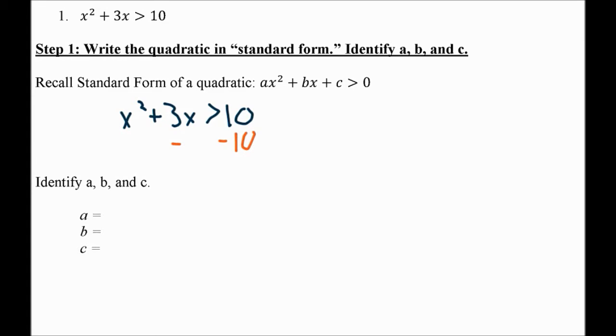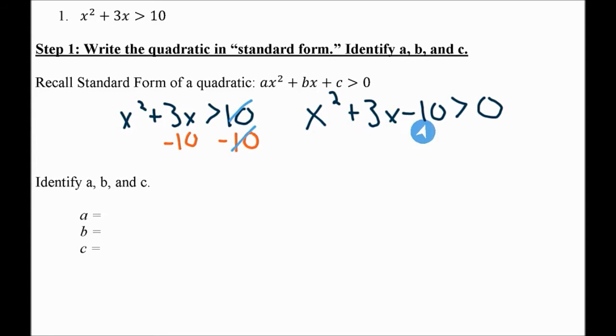Then the 10 minus 10 cancels out and leaves me with 0 on that side, and there are no like terms that would go with the 10 on the other side. So I end up with x squared plus 3x minus 10 is greater than 0. Now you can see I've got all of my terms on one side of the inequality and a 0 on the other side.